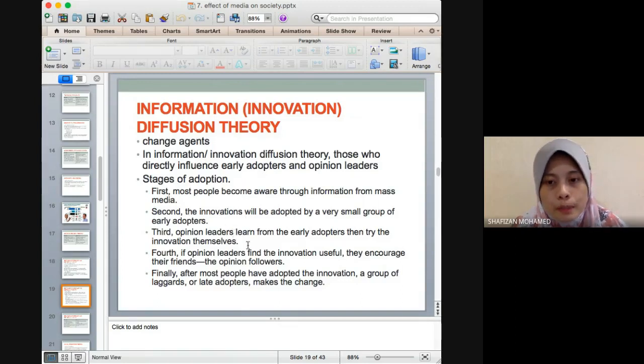These opinion leaders can learn from the early adopters, and then they try the innovation themselves. This is where your social media influencers come in. When they start to use TikTok, when they see it from the early adopters, they can start to promote it, or make the innovation become more popular.